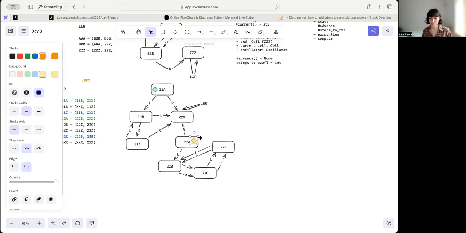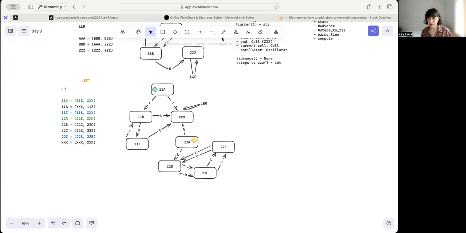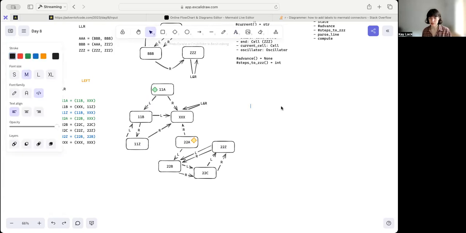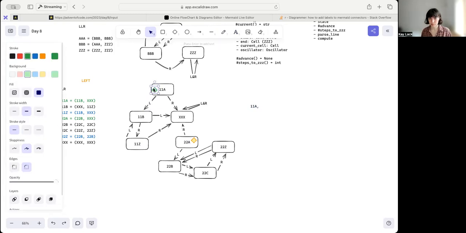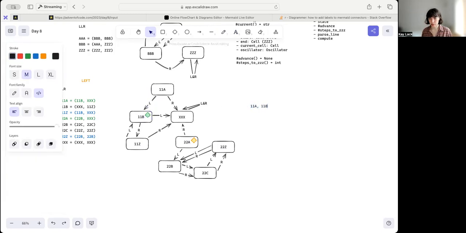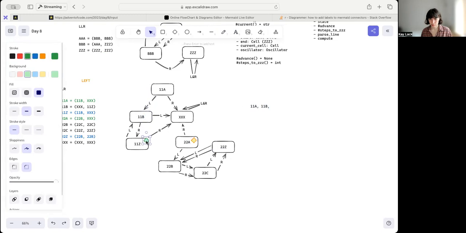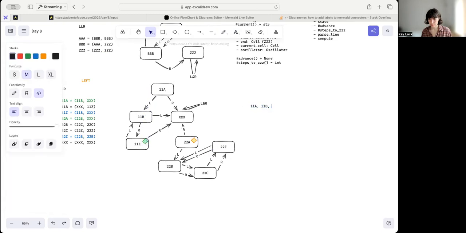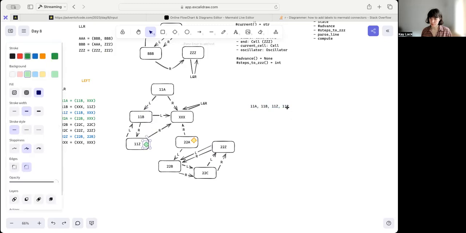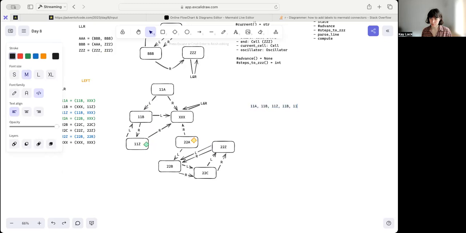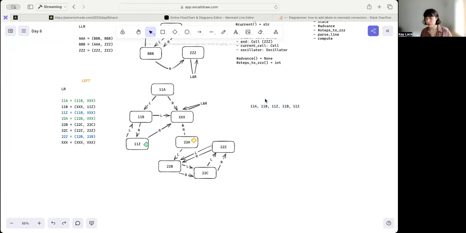So let's start with the A. Now, a cycle is 11A left, 11B right, 11Z left, 11B right, and then it continues.